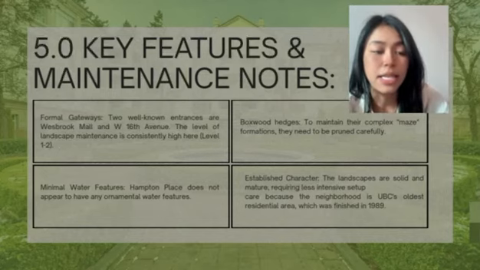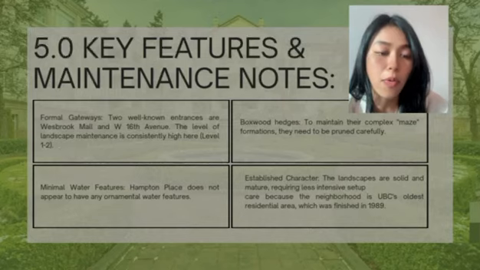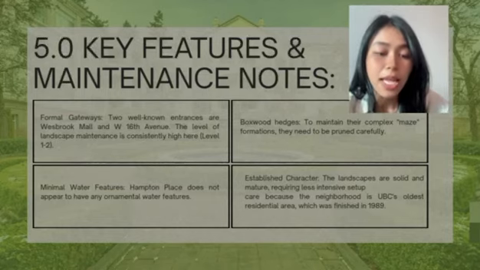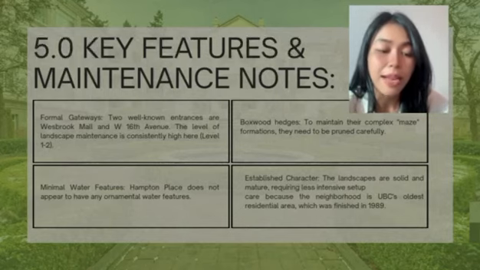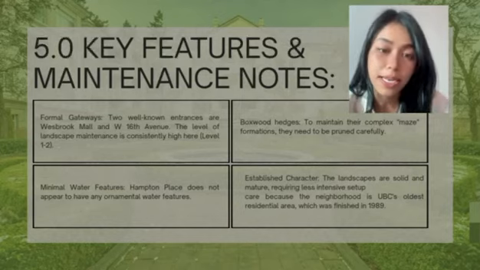When looking at the physical layout, Hampton Place features two former gateways, Westbrook Mall and West 16th Avenue, both kept at consistently high maintenance standards of level 1 to 2. A defining feature of these areas is the prominent boxwood hedges. These require meticulous, careful pruning to preserve their complex, maze-like geometric formations. Finally, it is worth noting that unlike some other developments, Hampton Place operates with minimal water features, as it currently lacks ornamental water elements.